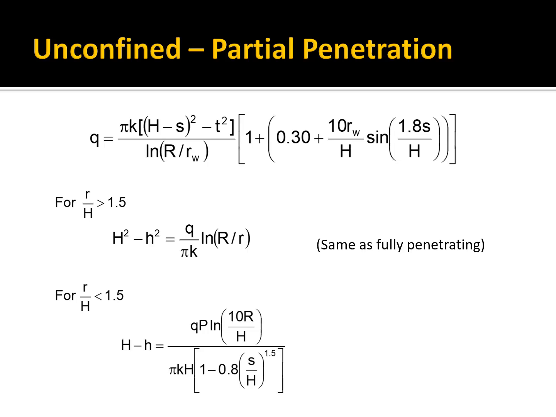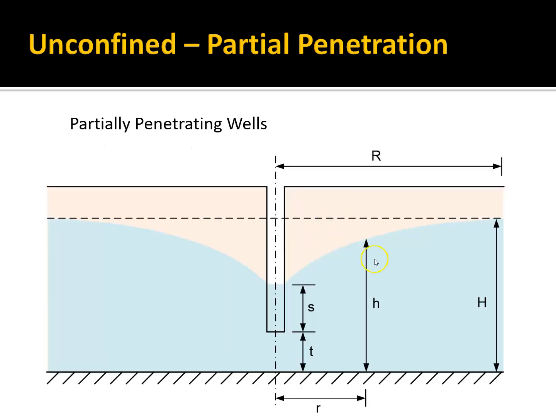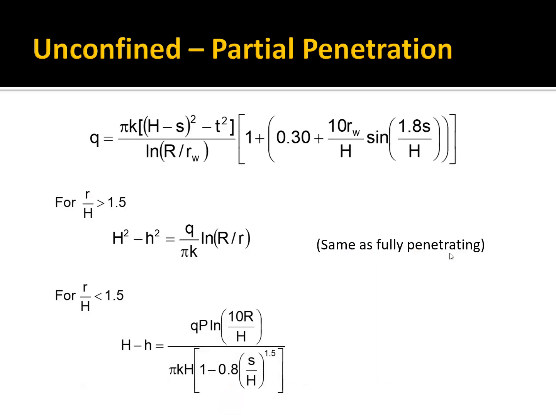It gets a little complicated, but this is the flow rate up top, and if you want an equation for the head as a function of r, if r over H is greater than 1.5, then it's the same as the fully penetrating equation. So if your radius is greater than 1.5 times this initial height H, then you can just use the other equation.